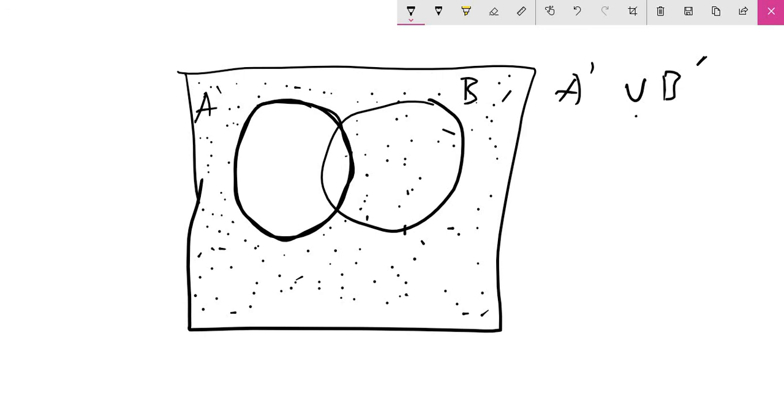So, and then we are adding B complement too, right? So B complement, I'm going to use cross like this to represent it. Now this is B. So everything other than that is B complement.